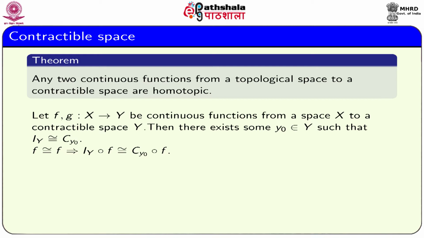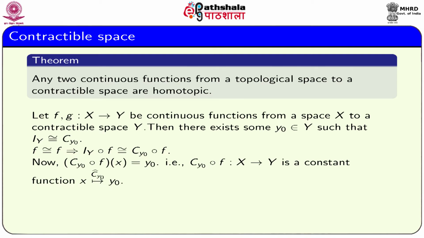So f is homotopic to f, and we have already proved earlier that composition of two homotopic maps are homotopic. So identity composed f is homotopic to Cy0 composed f.